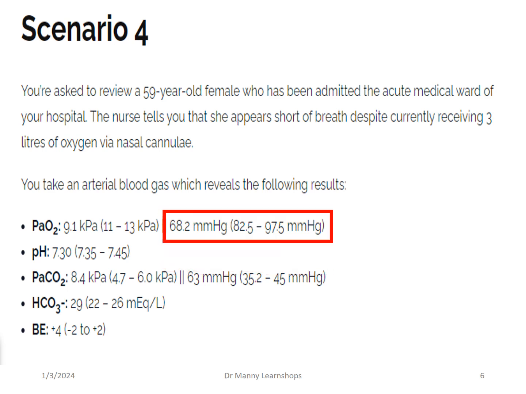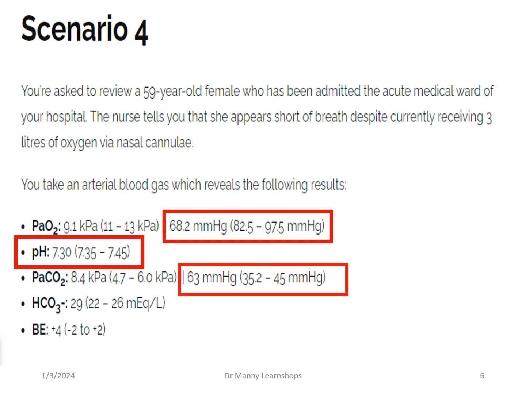The PaO2 is low, they're hypoxic, remembering that 80 to 100 millimetres of mercury is the normal range. We look at the pH. The pH indicates acidemia. It's low, it's less than 7.35. What's causing this? So when we look at the other components of the blood gas, we can see that the PaCO2 is 63.